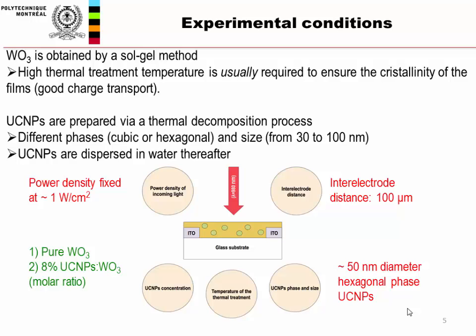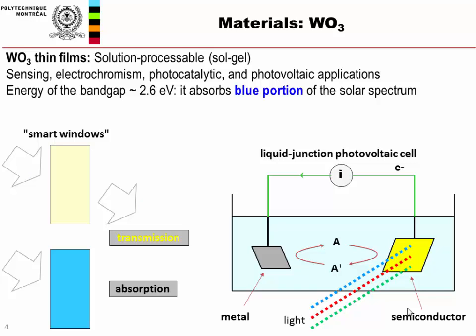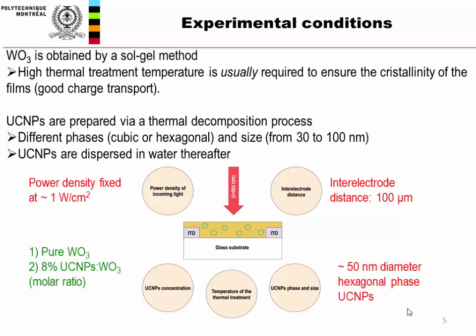So we have to well define the processing conditions, a good compromise between the temperature to have good charge transport, but also not to limit the emission properties of these nanoparticles. Then we have to properly define the power density that we use. It's never reported, essentially normalized over the surface area that you target.